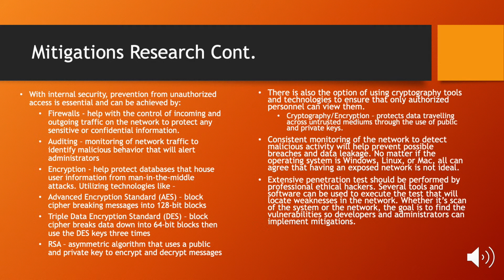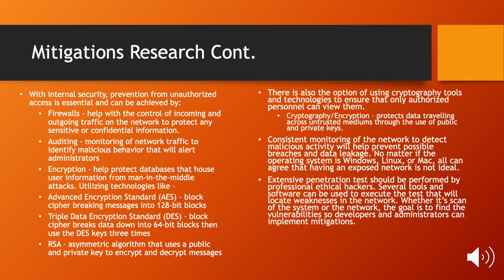Constant moving of data across the network means that every bit of data should be protected from unintended viewers and unauthorized alteration. Unauthorized access can be prevented by firewalls, auditing, encryption, Advanced Encryption Standard, Triple DES, and RSA.